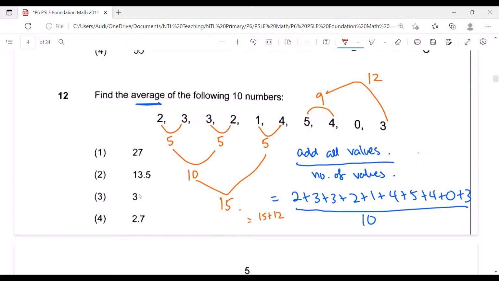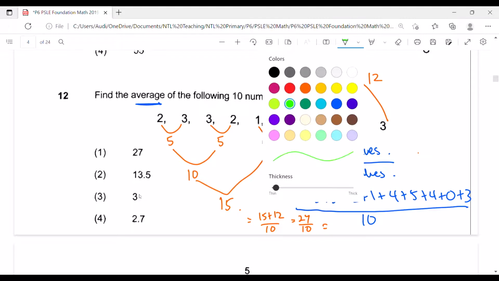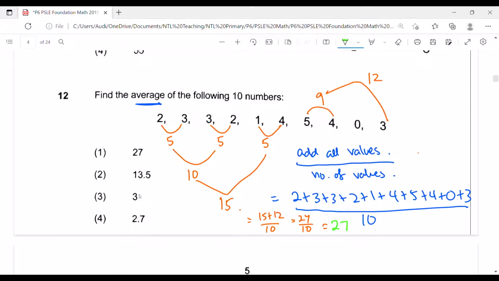15 plus 12 divided by 10. So it's 27 divided by 10. Now, any number divided by 10 or divided by 100 or divided by 1,000, this is the same as one of the questions before. Write down 27, the decimal place, because this is a whole number, decimal place is here.